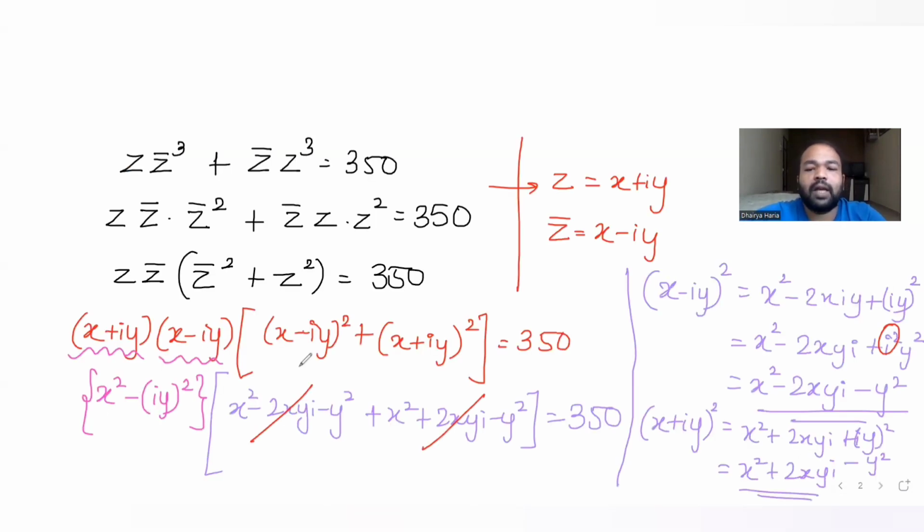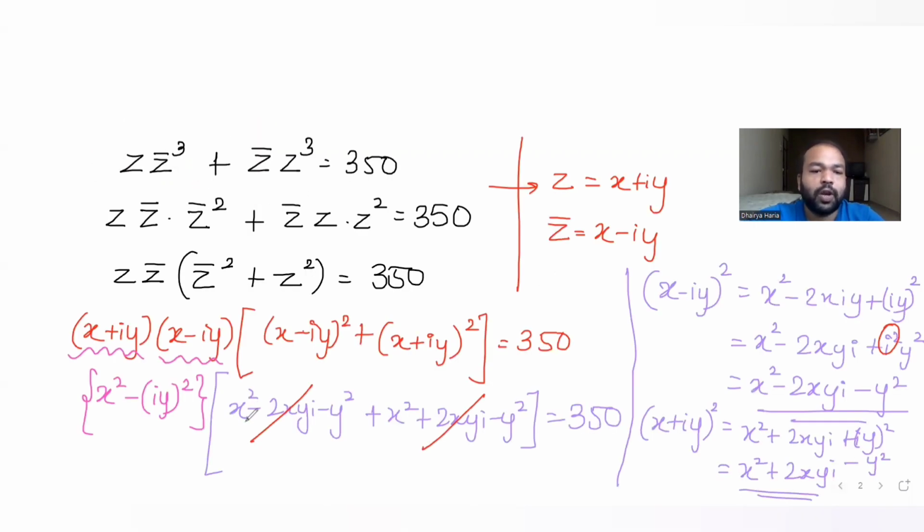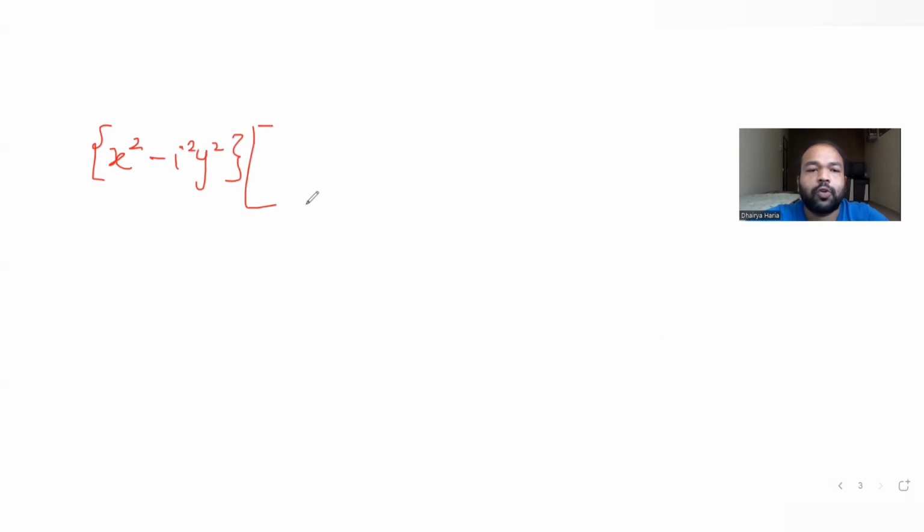What we are left with is x square minus i square y square, and in the second bracket, x square plus x square is 2x square and minus y square minus y square is minus 2y square. So you get 2x square minus 2y square.